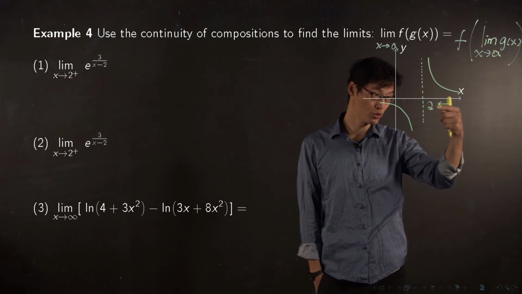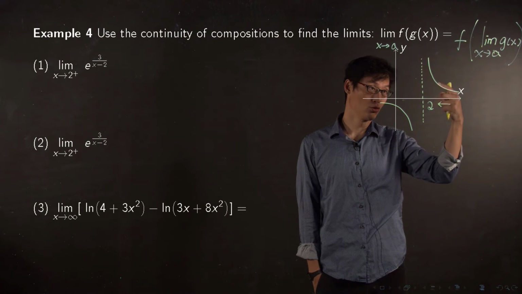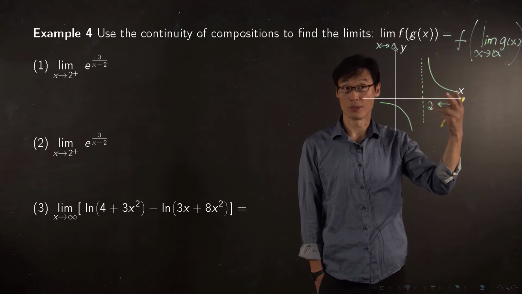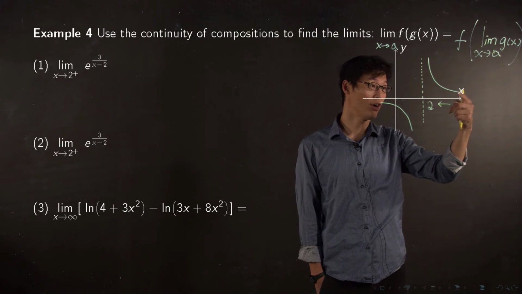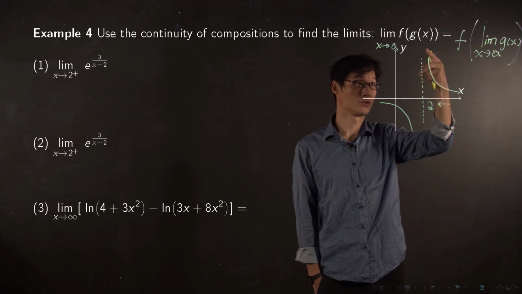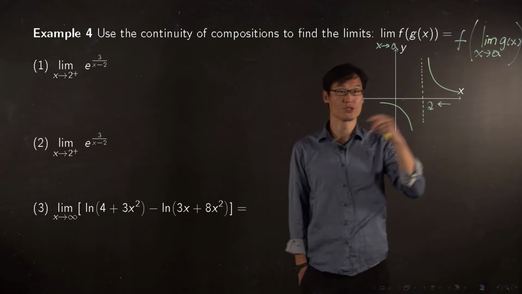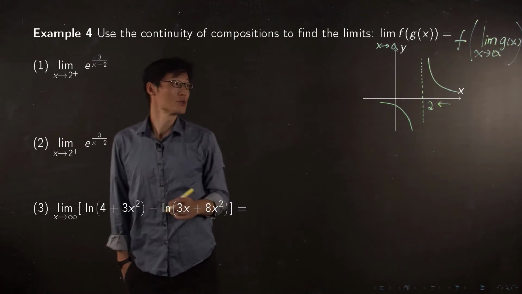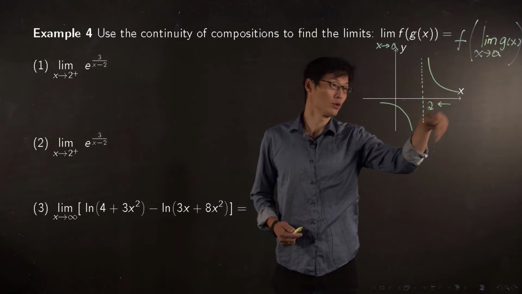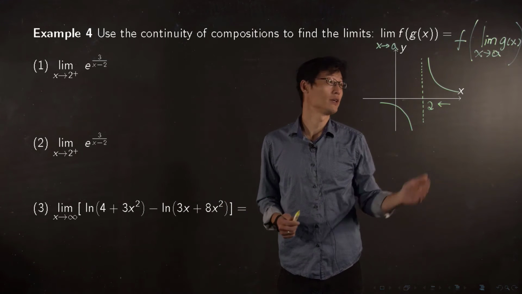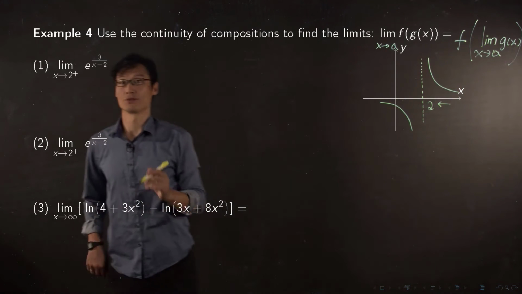When your x approaches 2 from the right, you can use this graph to tell the behavior of the function. Our function is getting larger and larger. So we can use this observation.